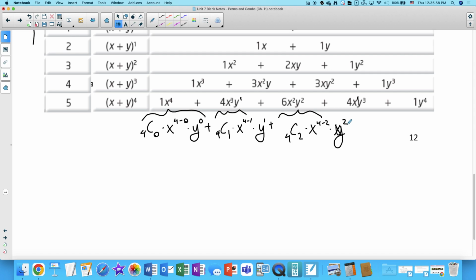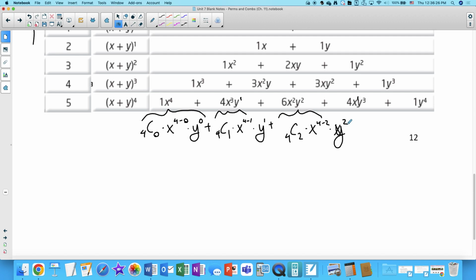Okay, so what's happening is the coefficients are various combinations, and we start with the highest power of the first term in that binomial, and then as we go along term by term, the exponent on the first term decreases by 1, and the exponent on the second one, which is y, increases by 1.